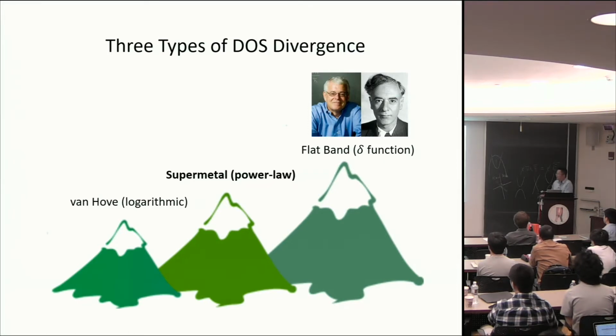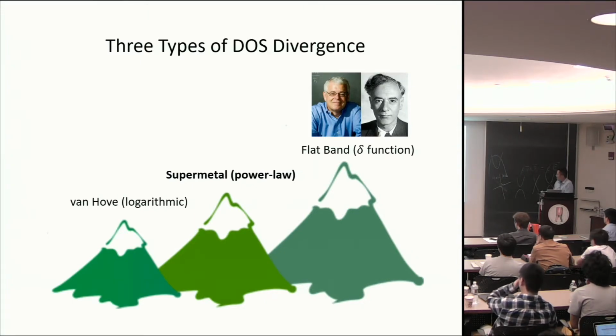If you have a Van Hove singularity in 2 dimensions, the density of states has a logarithmic divergence. The full bandwidth may not be that small, but you get a log divergence at a particular energy. So I'm going to describe another version of the Van Hove singularity, what we call a higher order Van Hove singularity, where the density of states has a stronger, power law divergence.